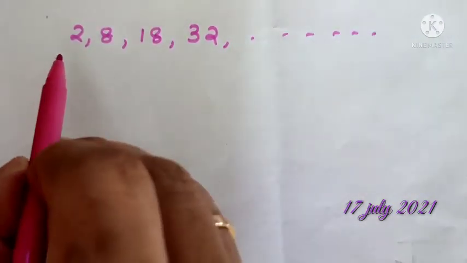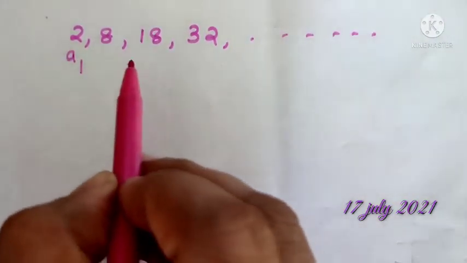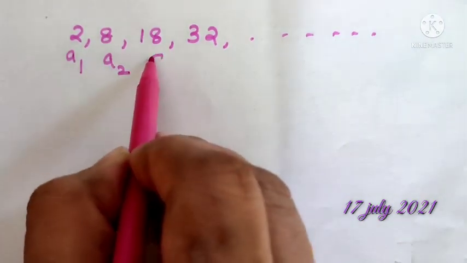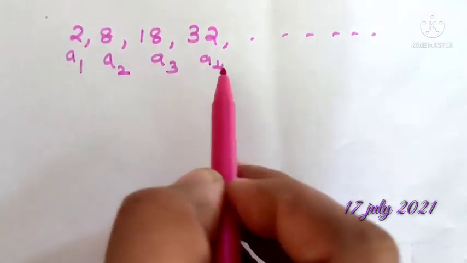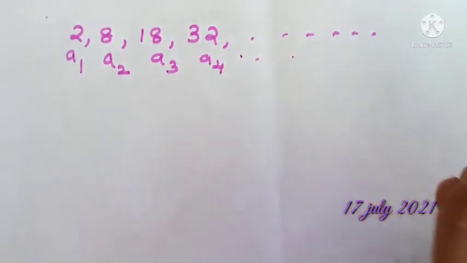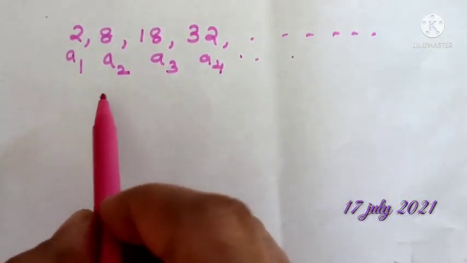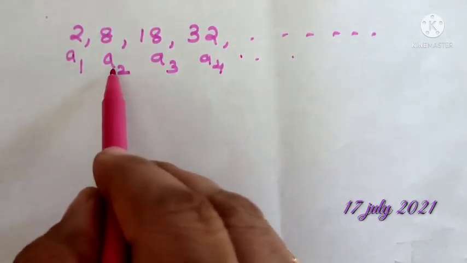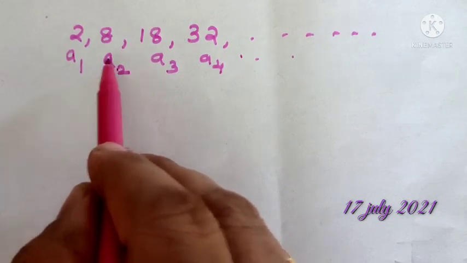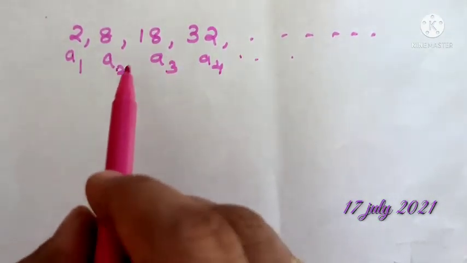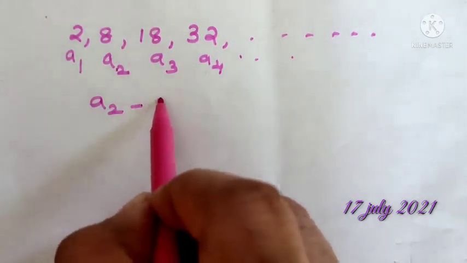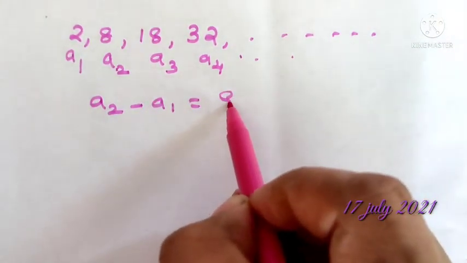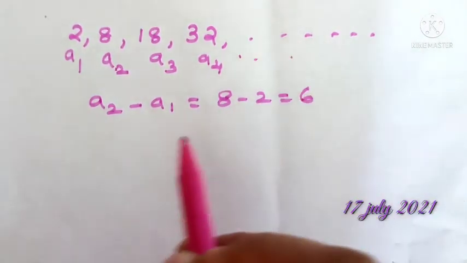The first term is represented by A1, the second term is A2, then A3, A4. It is not required to write like this, but I am writing it for understanding at the beginning. So what is the difference between the consecutive terms? A2 minus A1 equals 8 minus 2 equals 6.